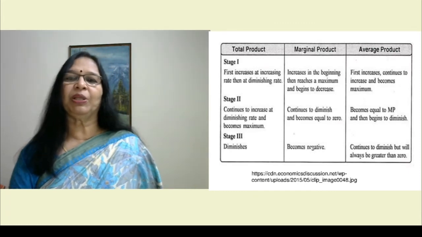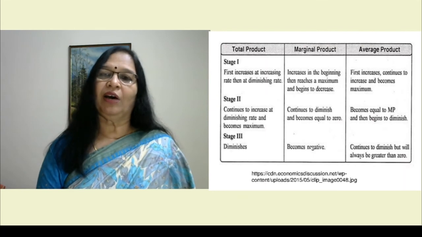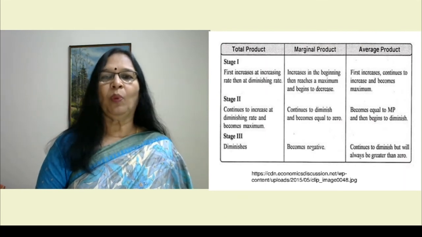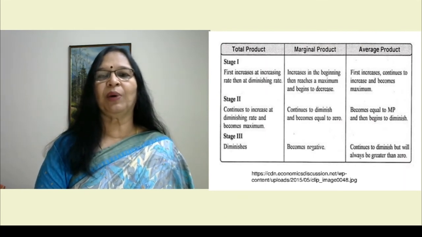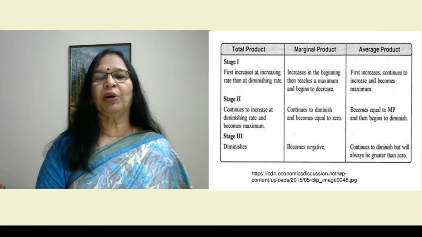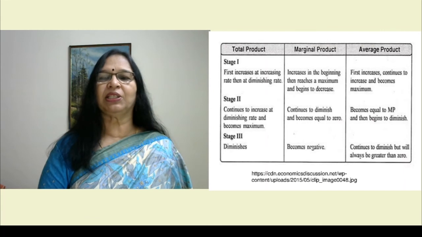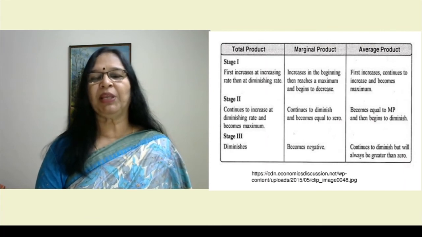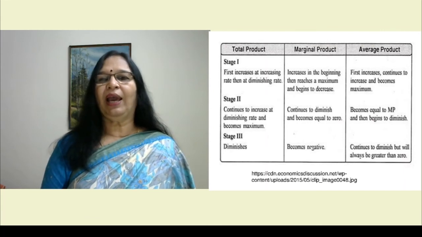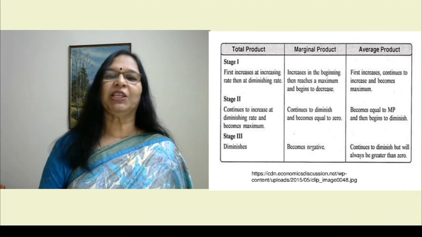You can also write it this way: the relationship between what happens to these variables during the 3 stages. What happens to total product in stage 1, stage 2 and stage 3, how does marginal product behave in stage 1, 2 and 3, and how does average product behave in stage 1, 2 and 3.